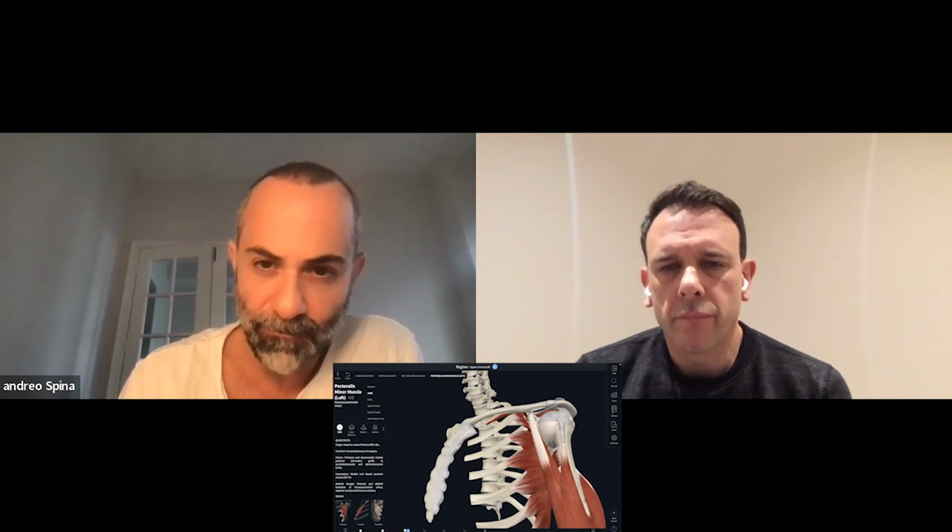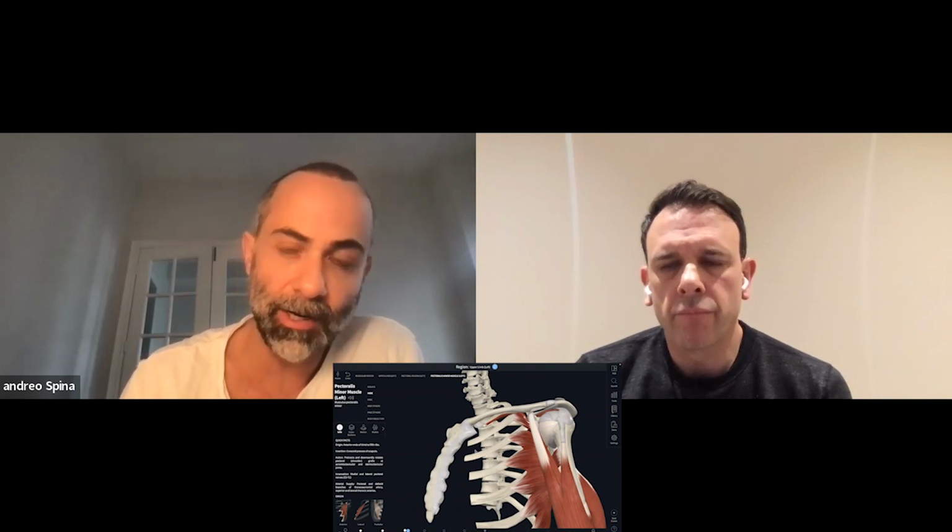Now, the other thing we want to discuss is the subscapularis, which would be this muscle here. I'll take serratus anterior and hide it. You see the subscapularis also goes to insert on the medial border of that scapula.